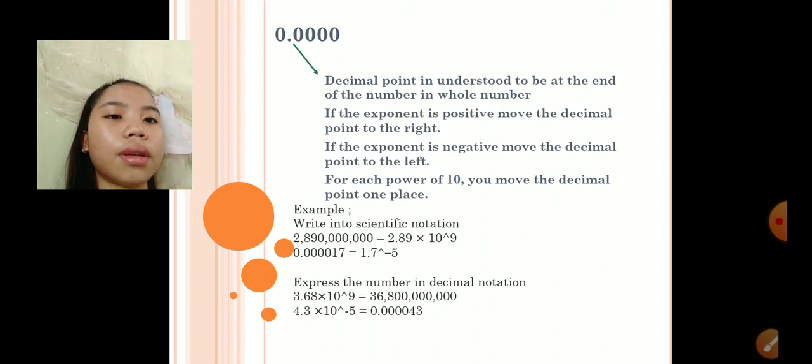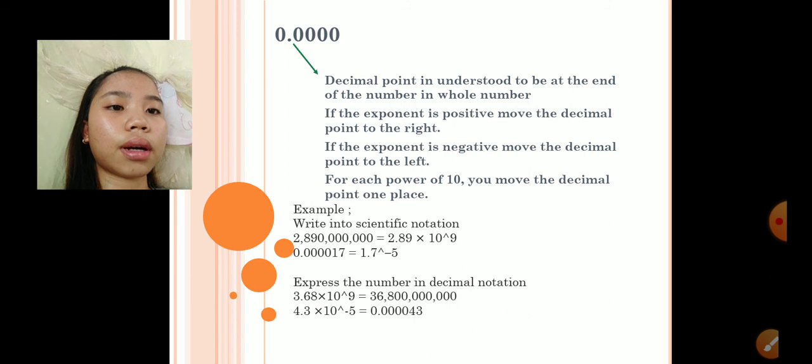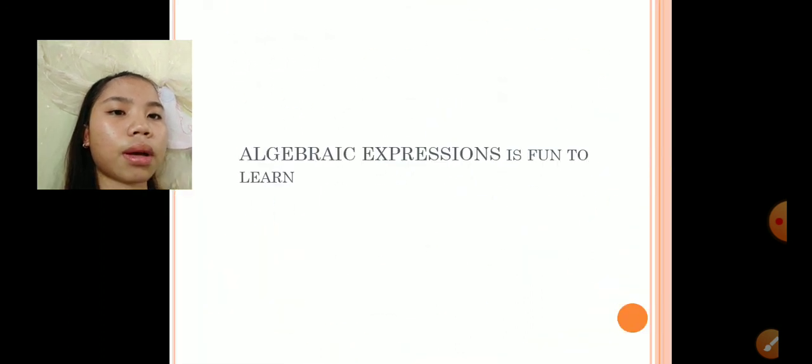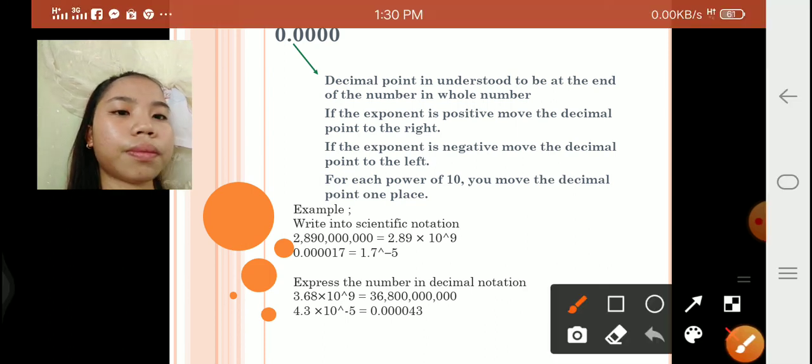And express the number in decimal notation. It's the reverse: from the scientific notation, you turn it into decimal notation. For example, 3.68 times 10 raised to the power of 9.